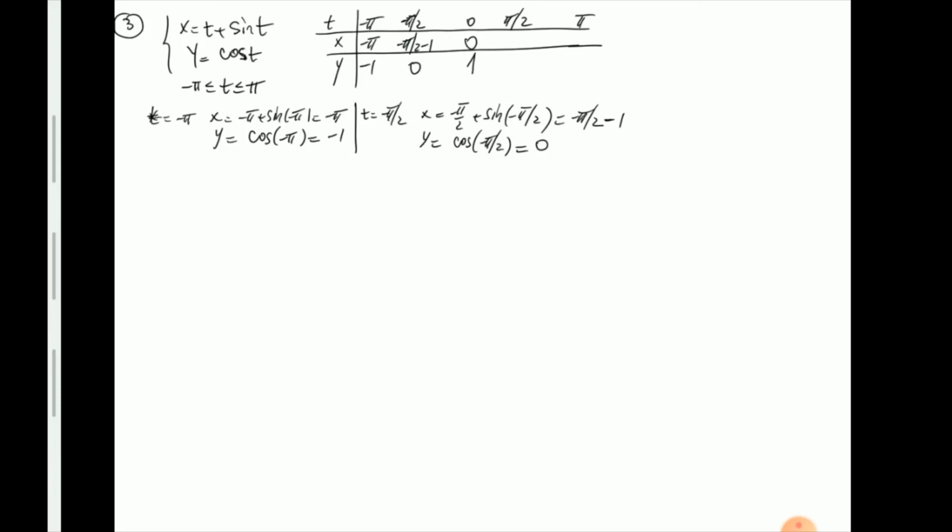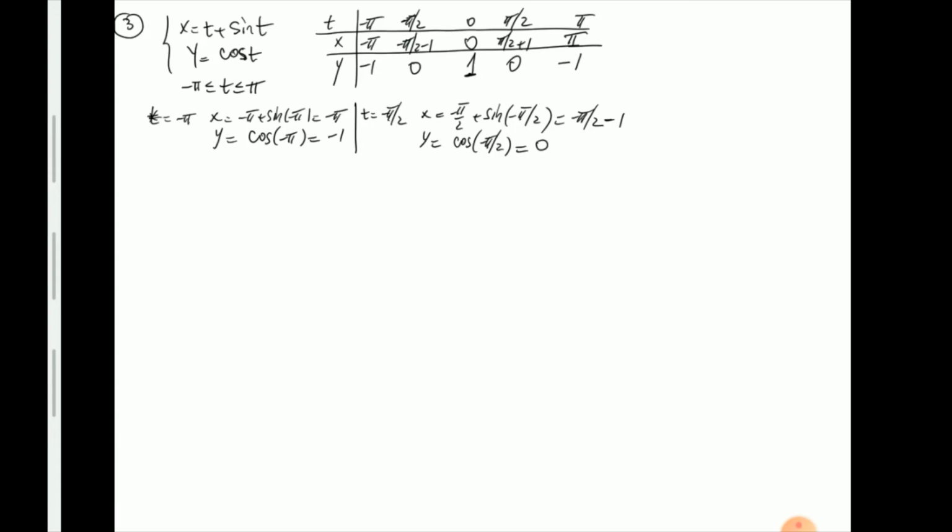Cosine of 0 is 1. And then when I plug in pi over 2, that's pi over 2 plus sine of pi over 2, which is pi over 2 plus 1. And then cosine of pi over 2 is 0. And finally, if I plug in pi, that's pi plus sine of pi, which is 0. So that's just pi. And cosine of pi is minus 1.